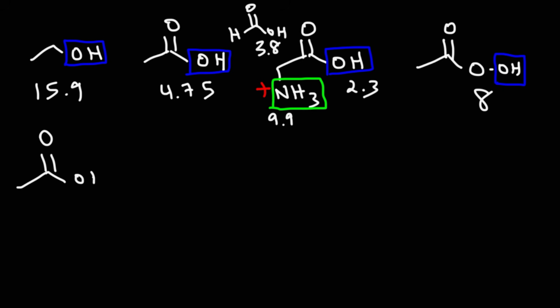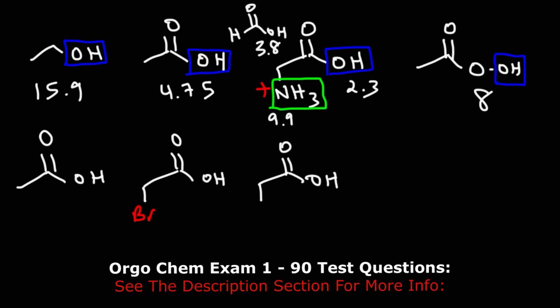So here we have acetic acid, and we're going to have the same thing, but we're going to add a bromine atom instead. Next, we're going to add a chlorine atom, and we're going to see the effect that it will have on the pKa of the carboxylic acid.